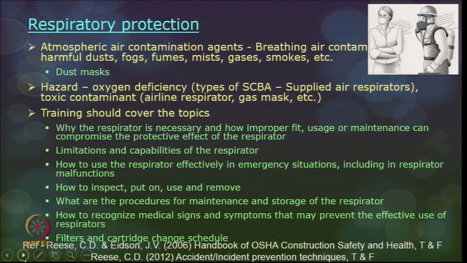Then how to inspect, put on, use, remove and keep away your respirators; all these should be covered in the training programs. Also the procedures for maintenance and storage of the respirator, and how to recognize medical signs and symptoms that may prevent the effective use of respirators. Suppose you have some medical history, then how safely you can use respirators and so on.